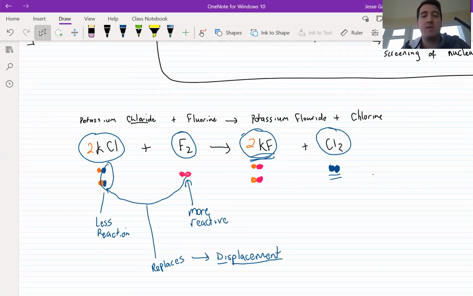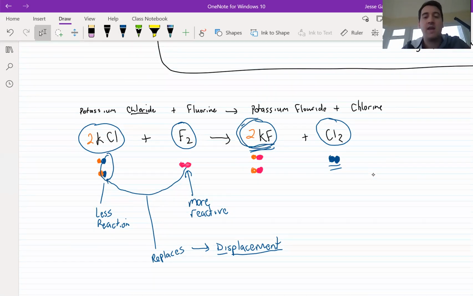Now, if I did this the opposite way around, if I started with this KF and I mixed in Cl2, is the chlorine going to replace the fluorine? Am I going to get a reaction there? The answer, of course, is no, because chlorine is the less reactive element.